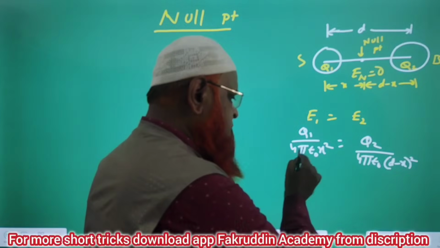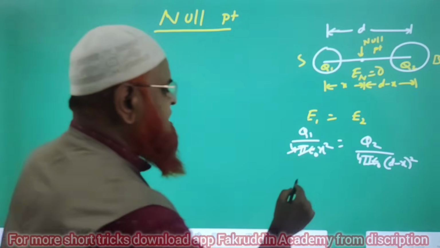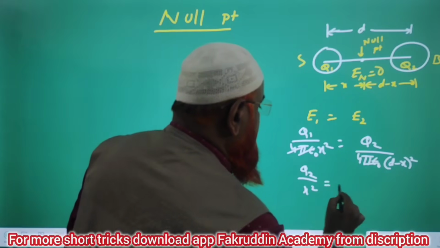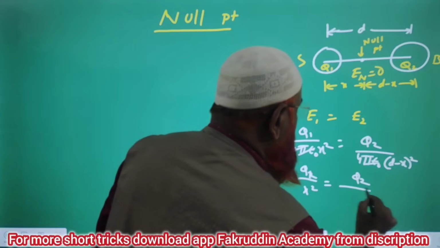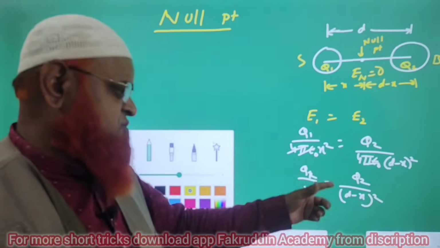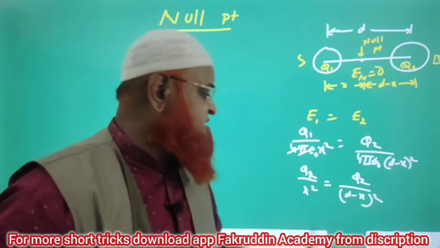Then 4 pi epsilon naught gets cancelled. Then what is left? It is q1 by x square is equal to q2 by d minus x whole square.